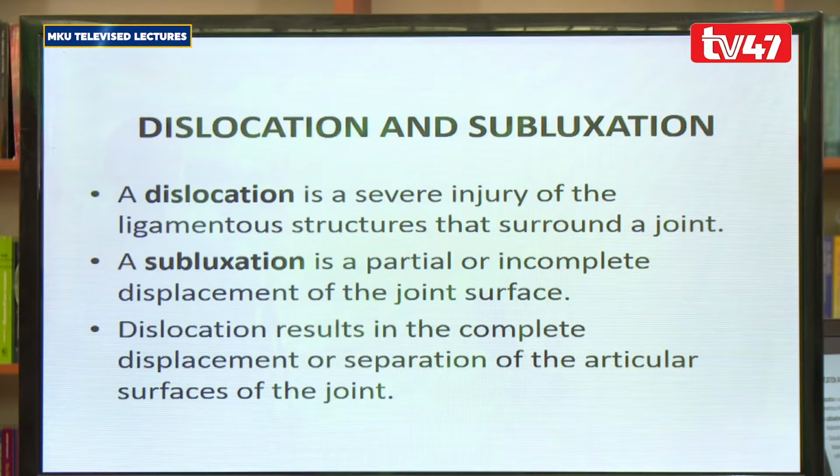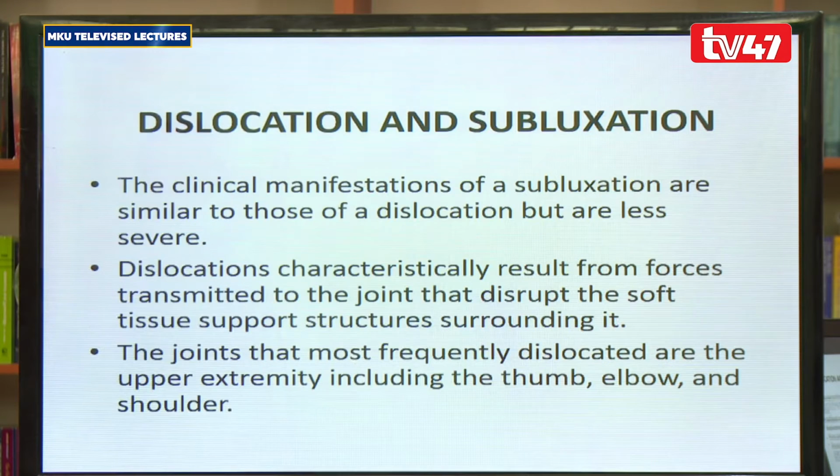Dislocation is a severe injury to the ligamentous structures that surround the joints, while subluxation is partial or incomplete displacement of the joints in the body. Dislocation may result from displacement or separation of the articular surfaces of the joints, and the clinical manifestations for subluxation are similar to those of dislocation.